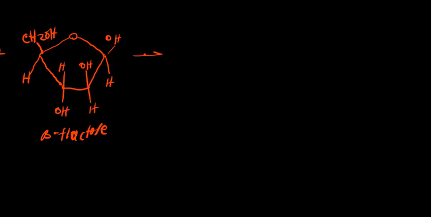Let's put minus H2O here, then plus H2O here. When we put minus, that means we are releasing a water molecule. This is dehydration or condensation. But when we add water, plus H2O, that means we are doing hydrolysis, breaking down. Let's now see the structure of sucrose.